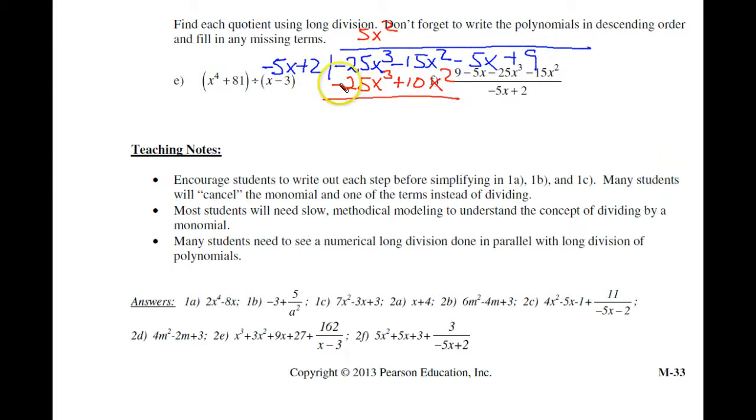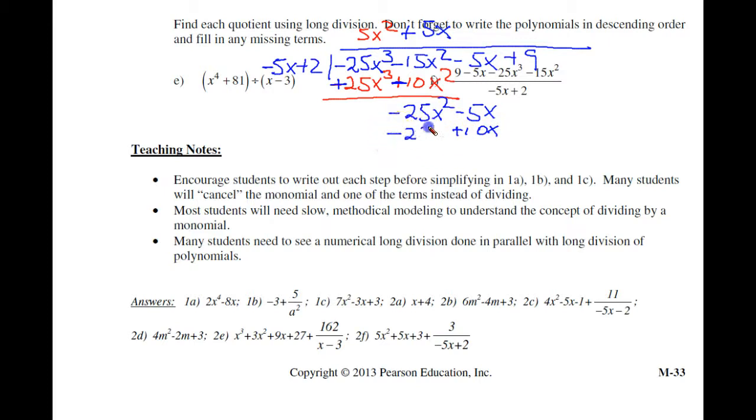Okay. What do we do now? We change our signs. So this becomes now a negative 25x squared. We bring down our negative 5x. So this is going to be another negative, oh no, positive here, 5x. All right. Negative 5x, positive 5x, negative 25x squared. 2 times 5 is 10. So this will be a positive 10x.